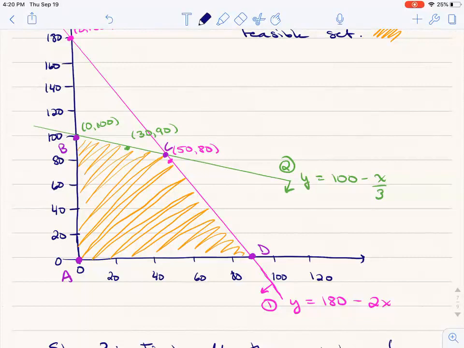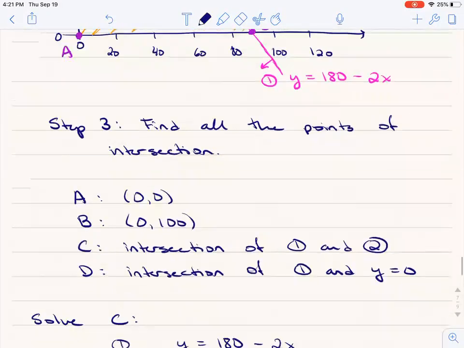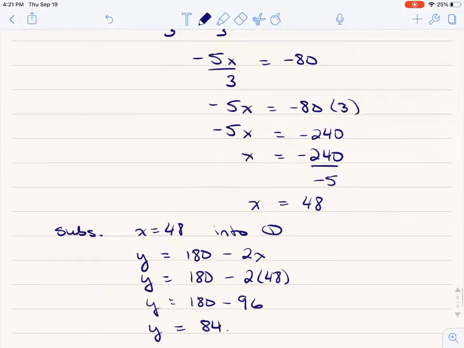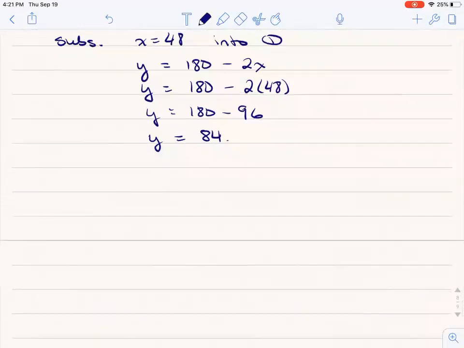But we have to do the calculations to know the actual values. You can't use your graph to figure out what those values are, right? You have to do the calculations, right? But looks reasonable given our graph. Right? And so C then is at 48, 84.